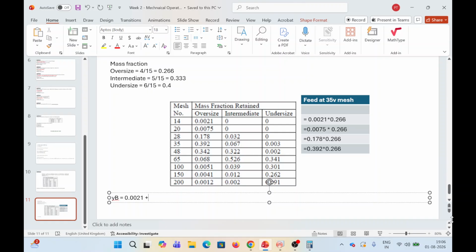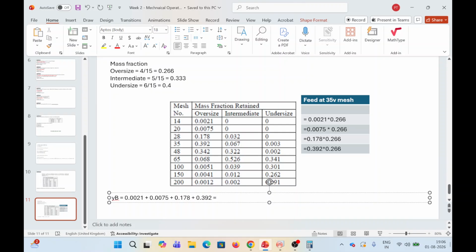0.0021 plus 0.0075 plus 0.178 plus 0.392.